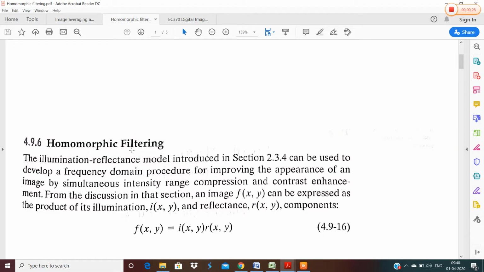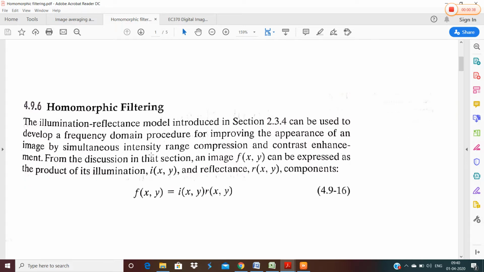Homomorphic filtering is a usual method used in signal processing and image processing to enhance signals. The filters we are using here are linear filters.